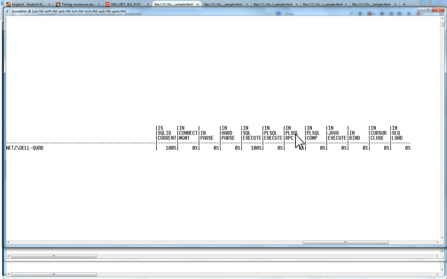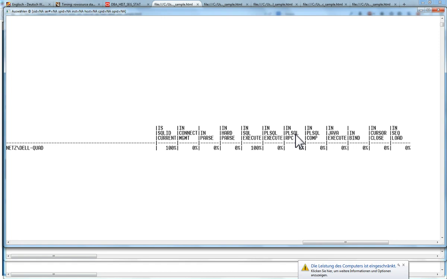I think they were also added in 11.2, and I just show them here for completeness in terms of percentages of the total samples, how many of these samples had a yes flag in these corresponding columns.